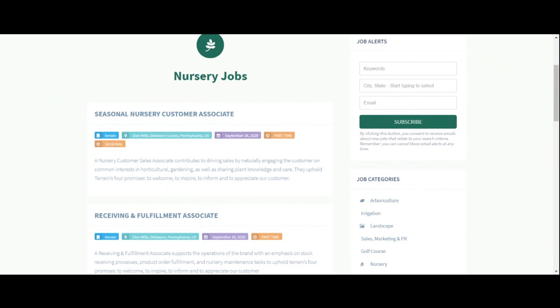They're looking for a nursery customer sales associate that will contribute to driving sales by naturally engaging the customer on common interest, culture, gardening, as well as sharing plant knowledge and plant care. So the name of the company is Terrain.